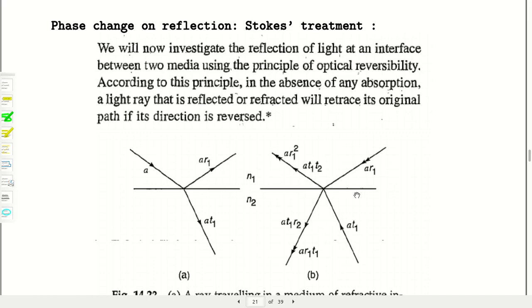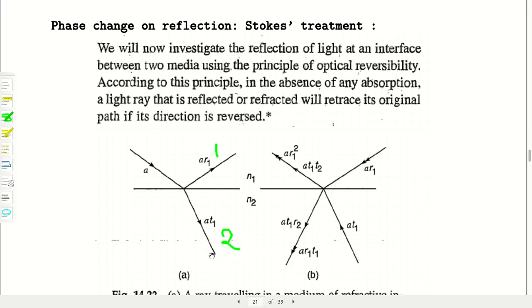Now due to the principle of reversibility of light, you should get this phenomenon. That means light number one gets divided into two parts, the first part is this and the second part is this.